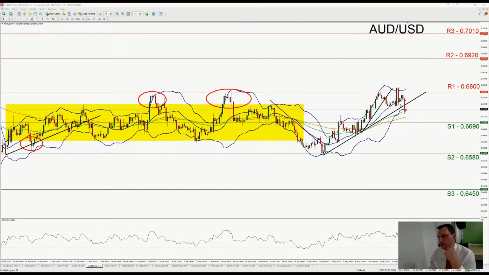So should we see a risk on sentiment, then the Aussie automatically gets some support. But should there be a cautious sentiment in the market, that may weigh on the Aussie and allow for the pair to drop further.